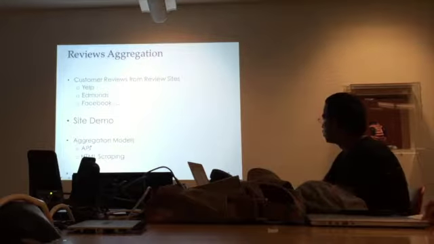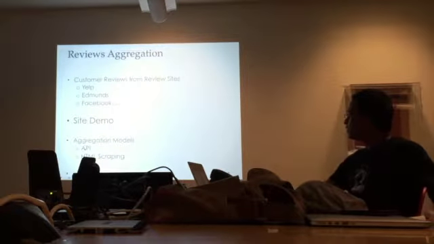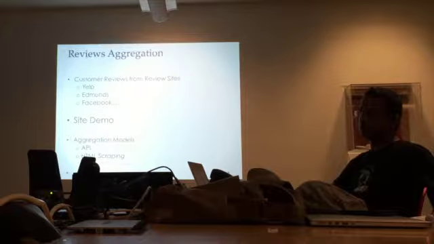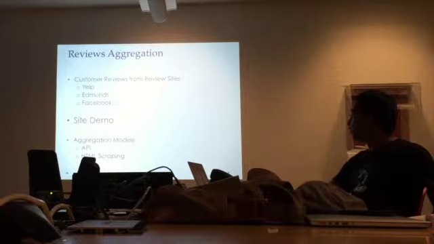So I already covered the API aggregation model. It's really nothing, just a prearranged API key that we use to make API calls, and then we agree on a schema, and then we scrape that.